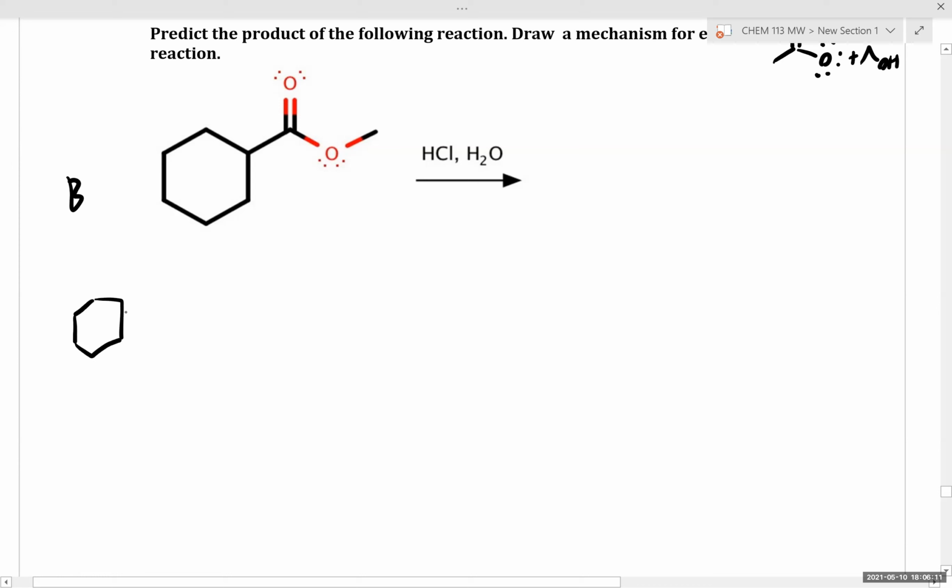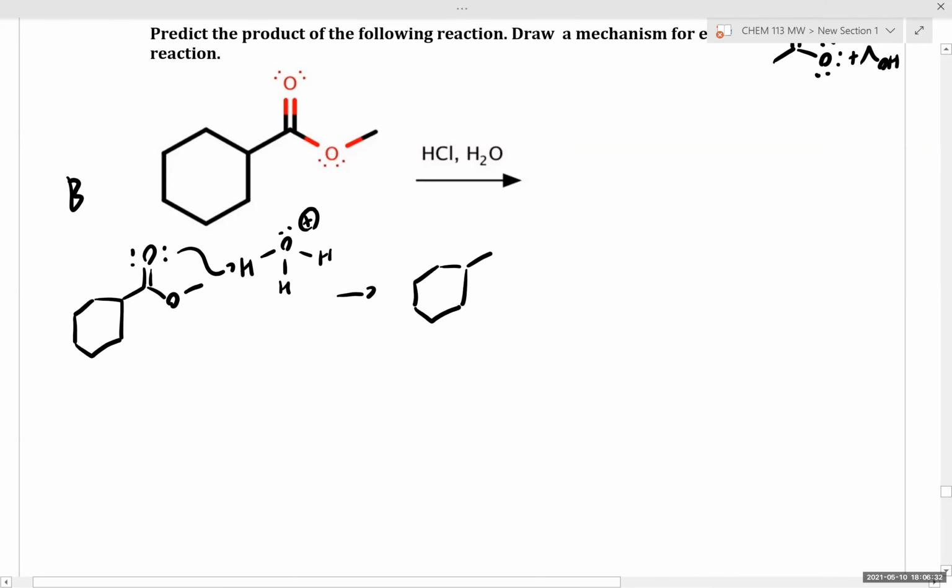So as we're working under acidic conditions, the first step is to activate our carbonyl via protonation. Since we're in water, it's probably more reasonable to draw our proton source as H3O+, but that's just a mild technical note.